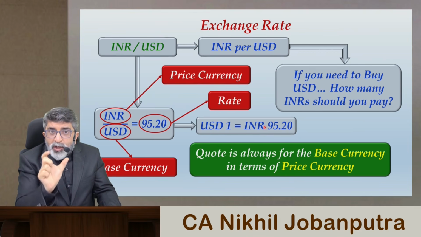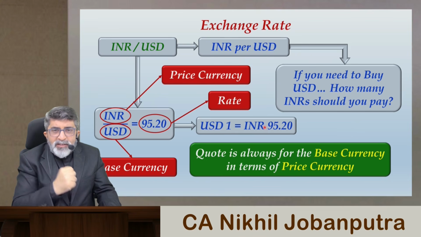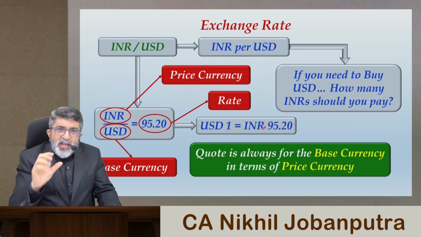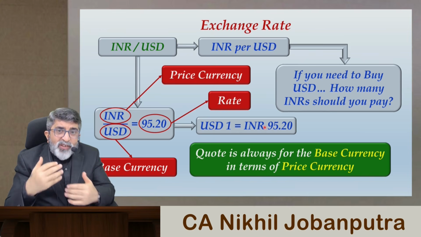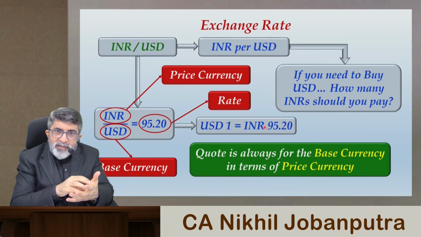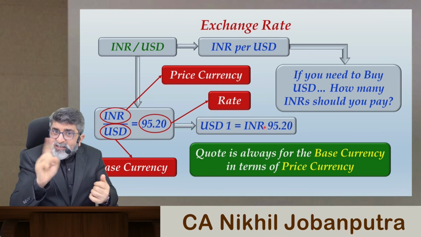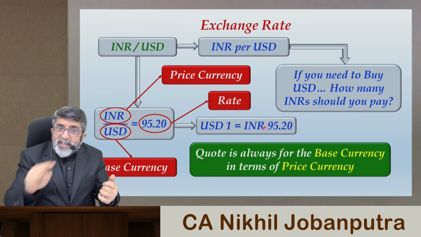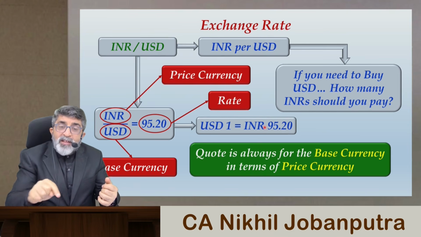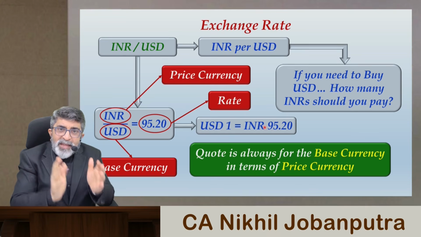So 1 unit of USD is equal to 95 Indian rupees. That indicates that you are trying to either buy or sell 1 unit of USD, because the price is given for 1 unit of USD. Price is not given for INR, price is quoted for USD. So USD becomes the base currency.